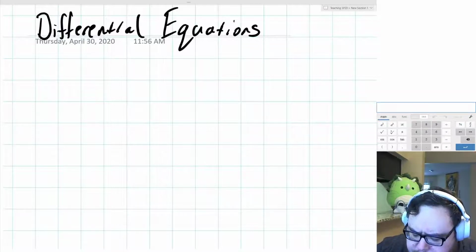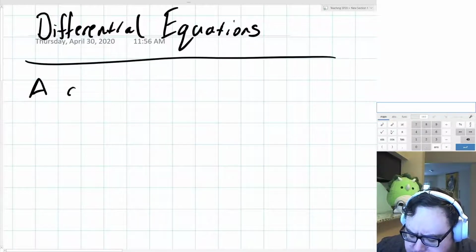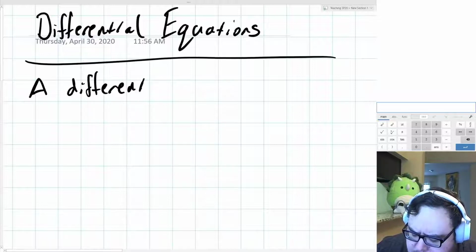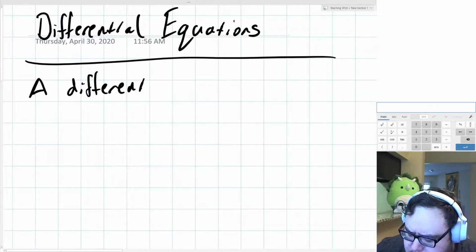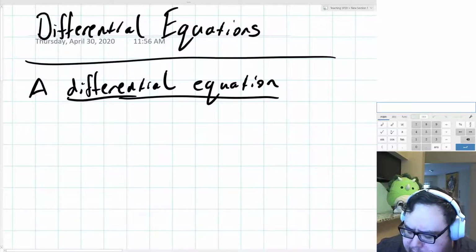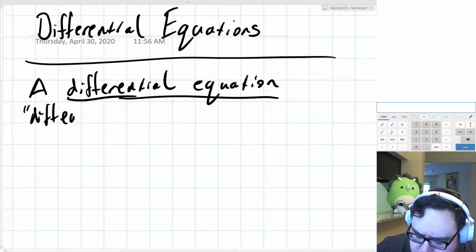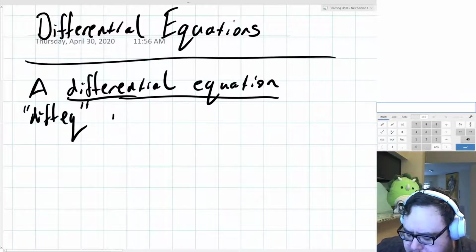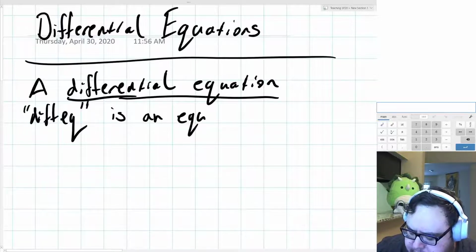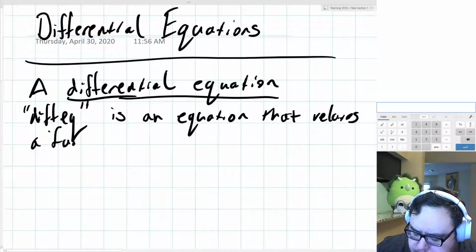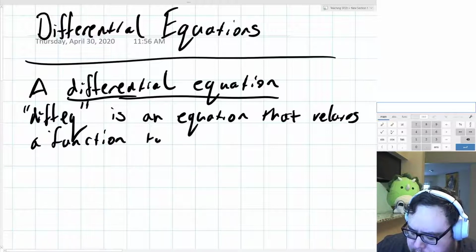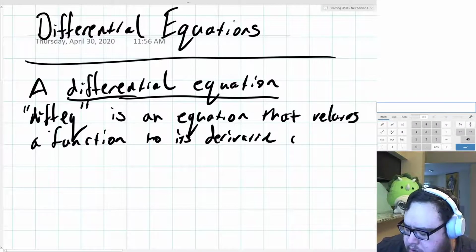Well, a differential equation, or a diffie q, is an equation that relates a function to its derivative or derivatives.